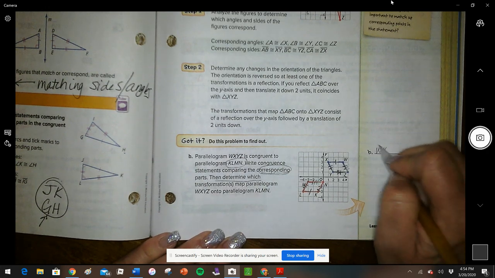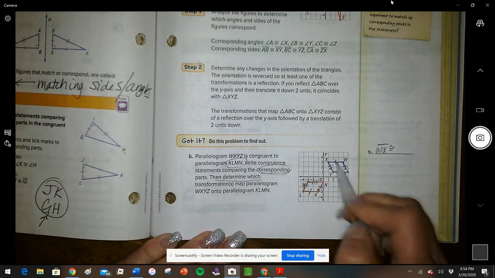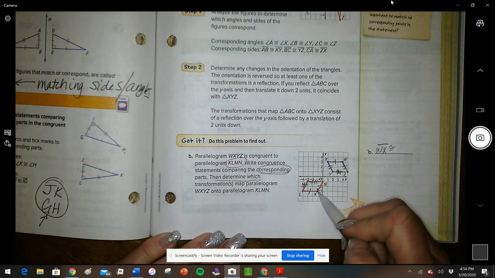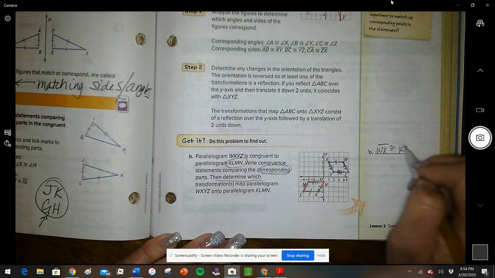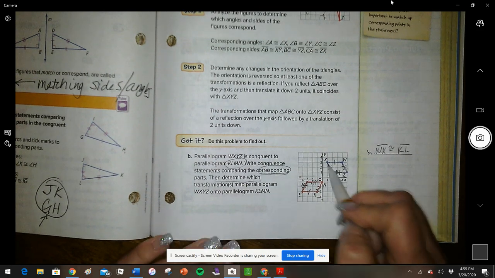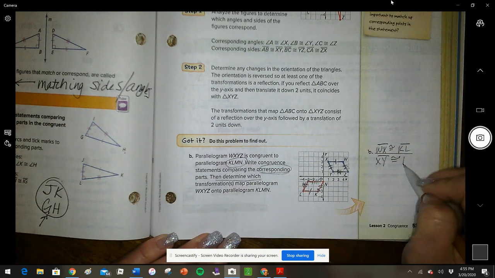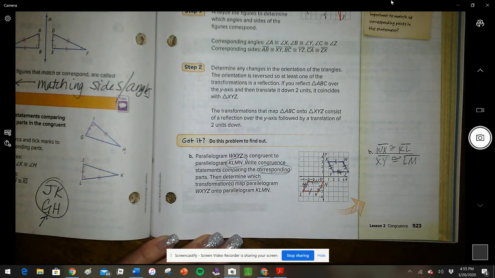Okay, and so let's do this. Ready? So WX is going to be congruent. It goes WXYZ, WX. This one went KL, and so this is going to be KL. Okay, XY is going to be congruent to KLM, so LM. See how that works?